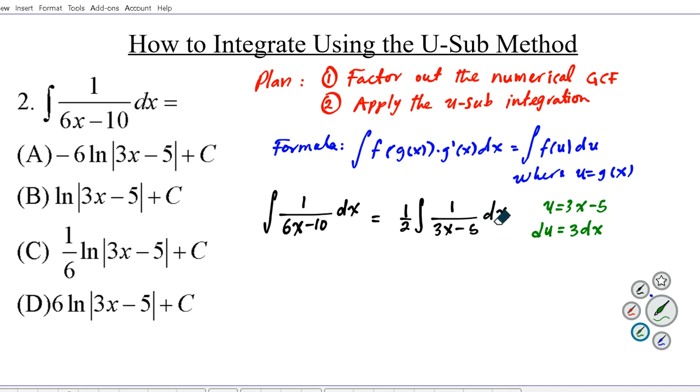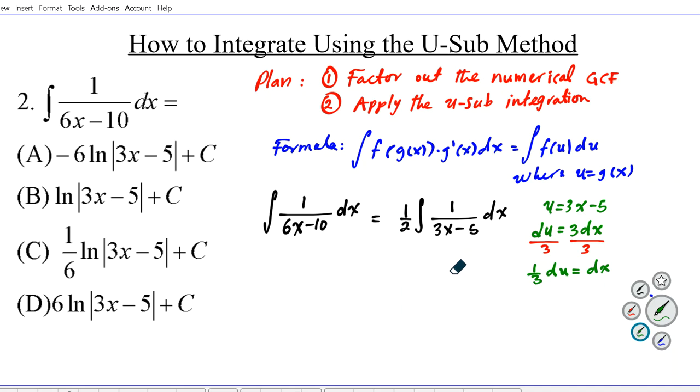Okay? We do not have a perfect match, so in order to substitute out dx, we got to have dx isolated here. To accomplish that, we are going to have to divide both sides by 3. Okay? And then we can write that as 1/3 du equals dx. So now we have a perfect match.